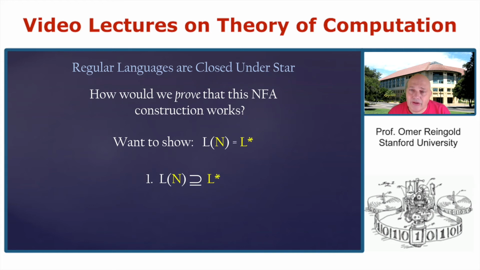We constructed things to be able to accept all of the things in L star. And for any proof of this sort, when you're doing some kind of a reduction, often one side will be easier and you need to make sure that the other side also holds. The other side is that L of N is contained in L star, so that this construction didn't give you additional strings that you accept that you shouldn't accept.